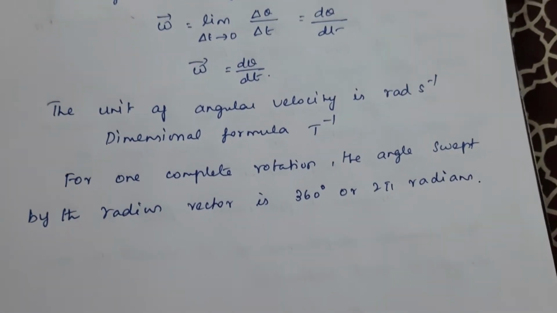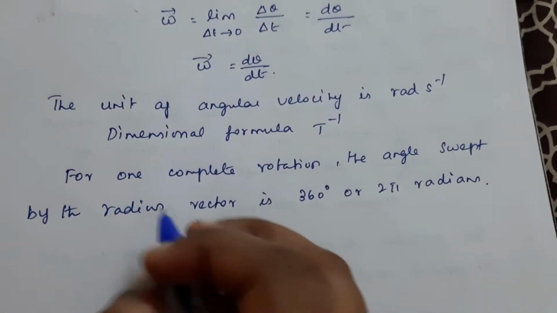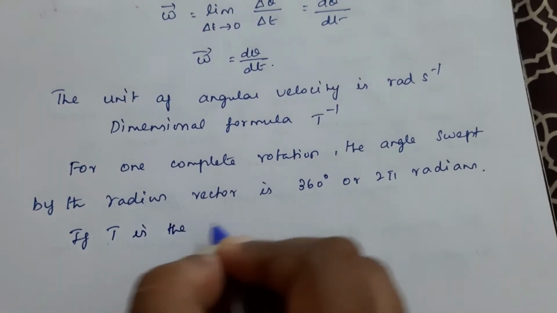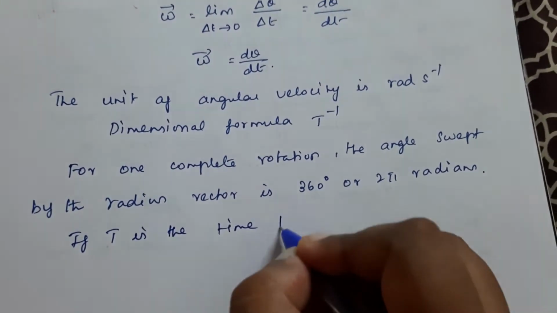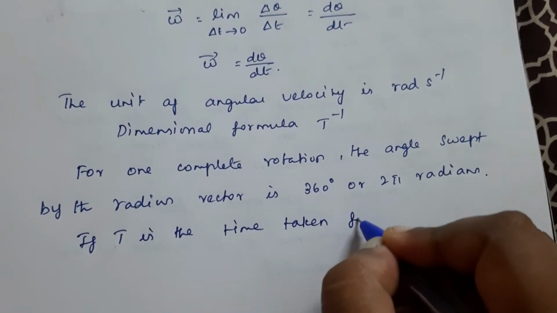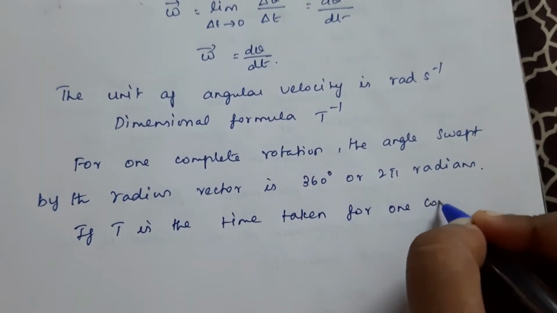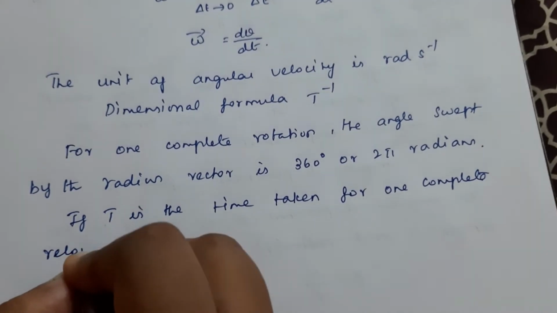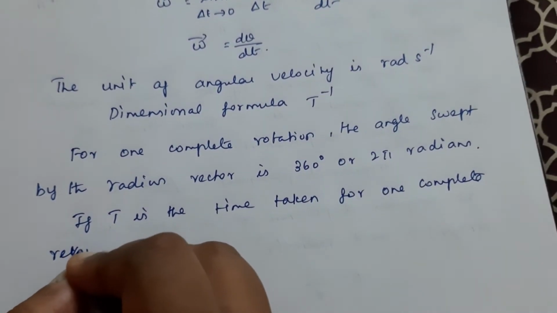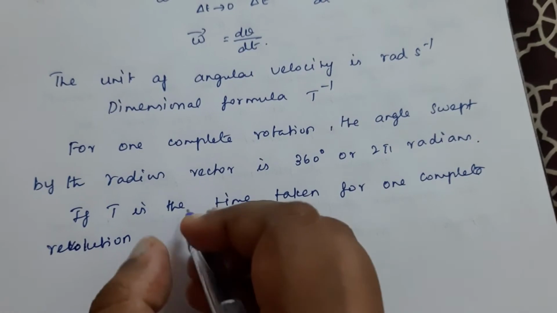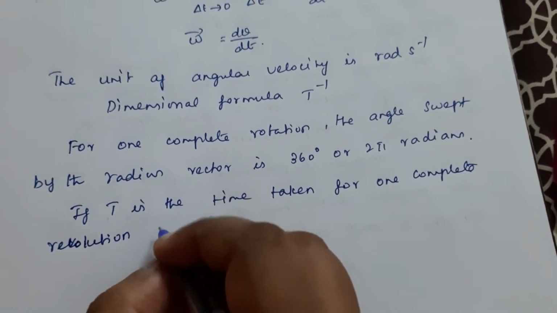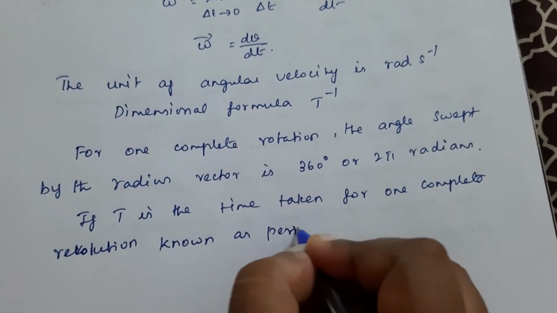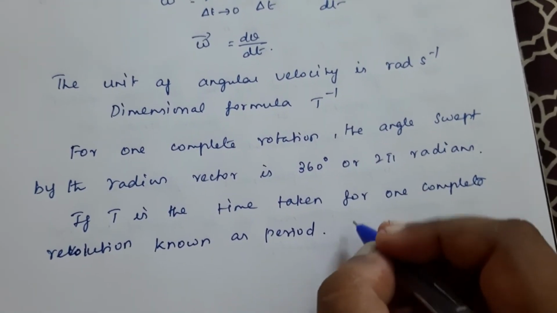Now if capital T is the time taken for one complete revolution, we call it the period.